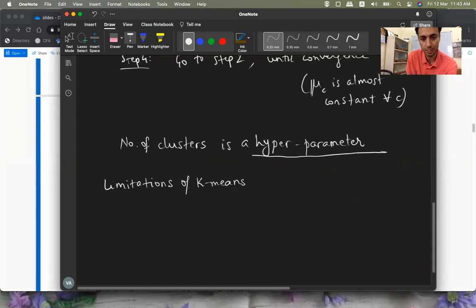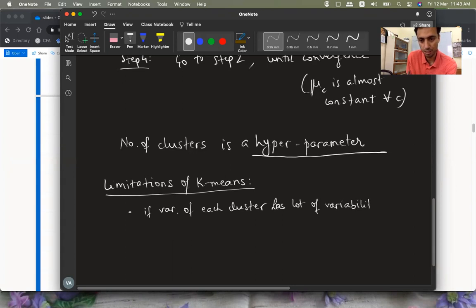So one limitation is if the variance of each cluster has a lot of variability. So basically you have one cluster which is very small, one cluster which is very big.